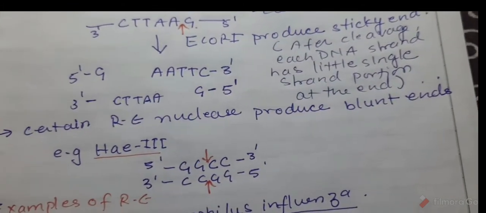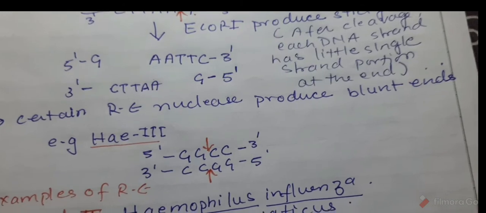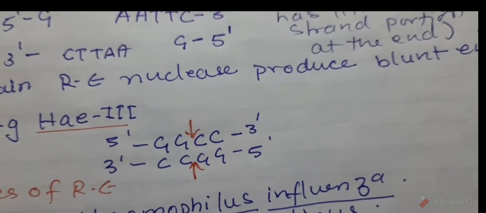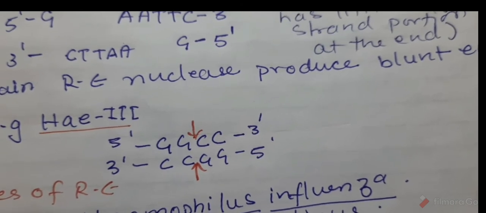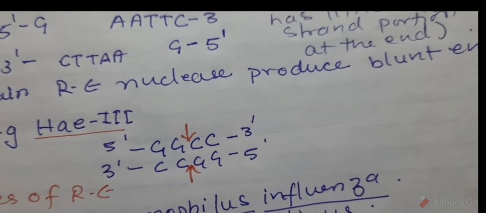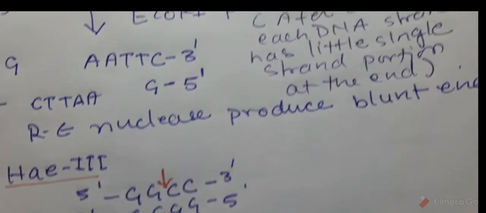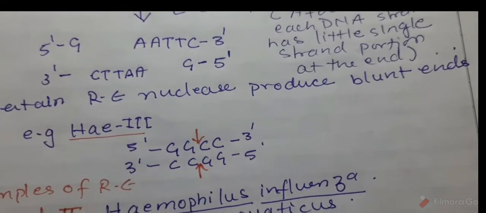Now certain restriction endonucleases produce blunt ends. Reading 5' to 3', it will cut right after GG, so no sticky ends are produced. These are called blunt ends.